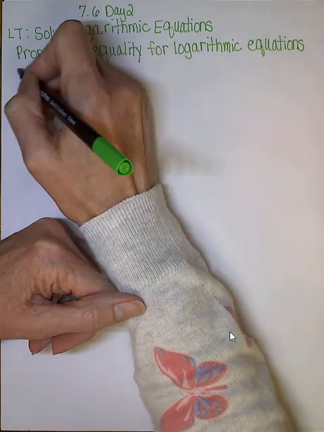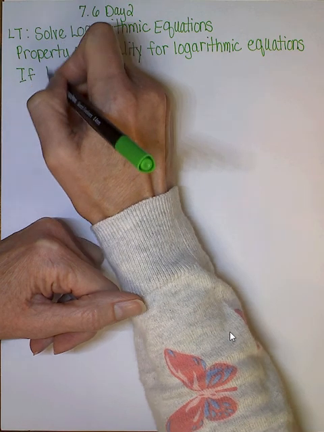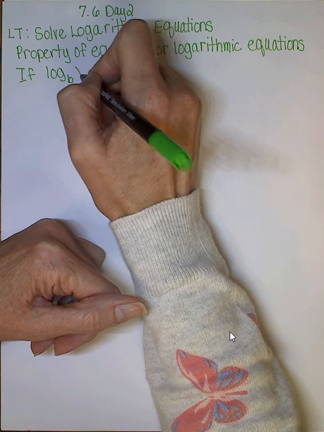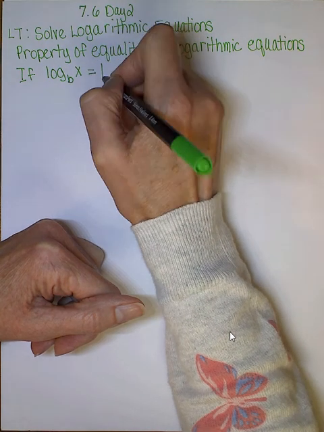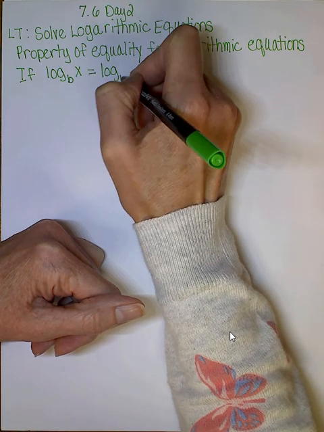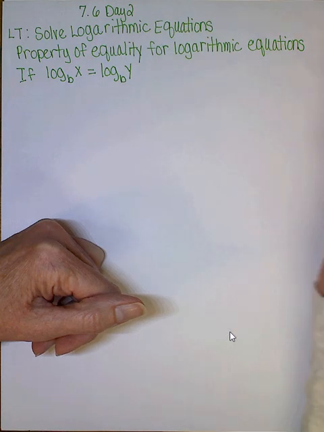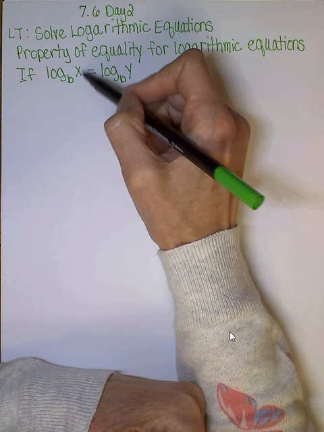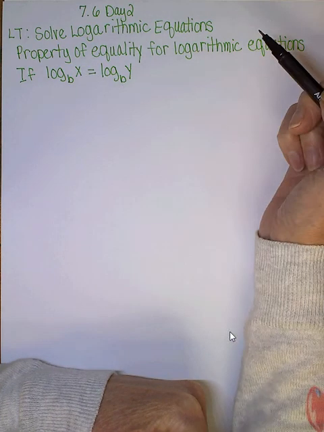Okay. So again, if we have the log and it has the same base, and we're just calling that b, and it's on both sides. So I don't know if I've used this term before, but whatever's in this position is called the argument.